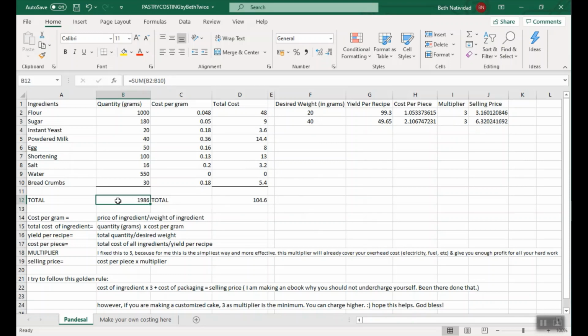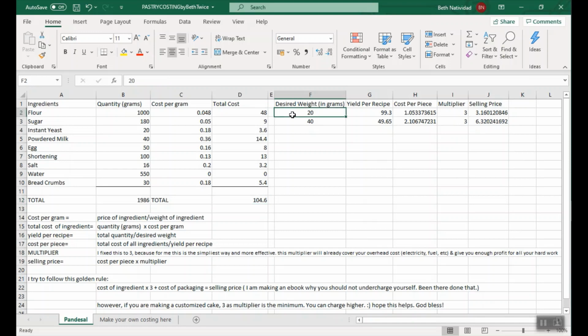Ang isang recipe ng pandesal would give you 1,986 grams. And ang price niya sa isang recipe is 104.6 pesos.